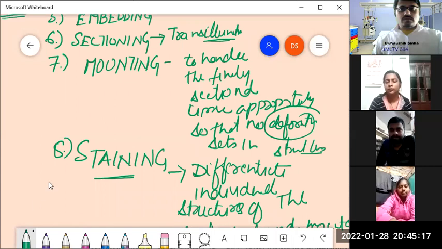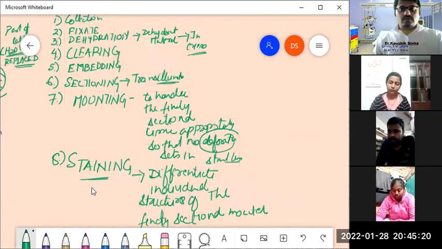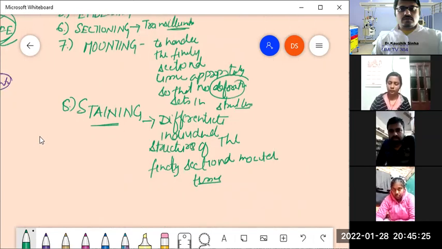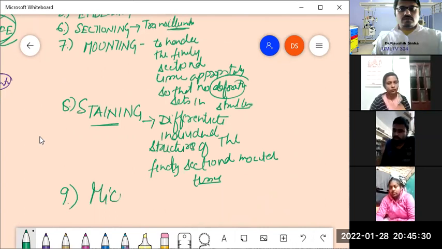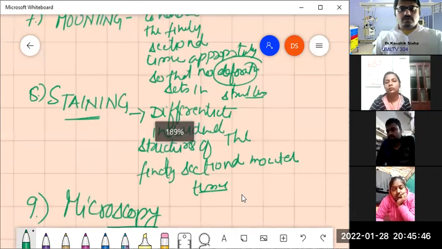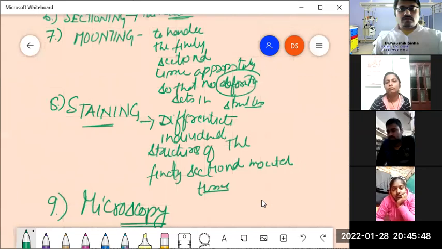Now, after staining is over, I said already while I was mentioning this eighth step that we now move to the last step, and that last step is simply microscopy. There are many different types of microscopes available in the market, but after we have differentiated the individual structures, the only thing that we last need to do is to see these individual different structures.